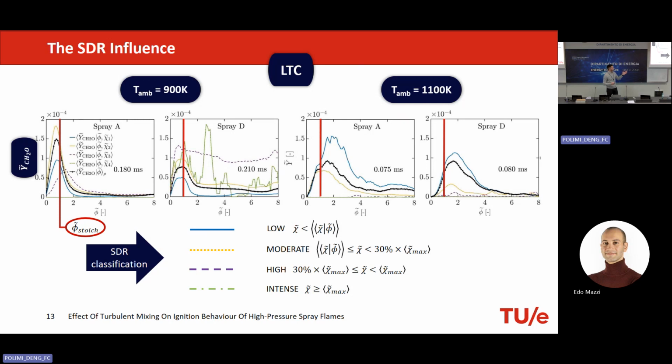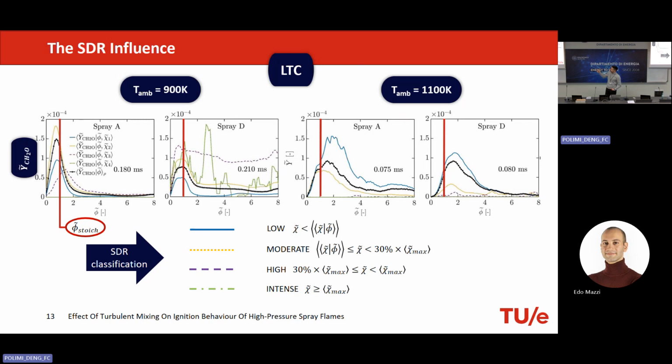The first one is the scalar dissipation rate conditionally averaged based on equivalence ratio, and the average over all the cases, and you can see the double brackets. For low and moderate, we took the average of the scalar dissipation rate, and for high and intense, we took the maximum scalar dissipation rate over all the cases, in percentages basically. So we have low, moderate, high, and intense scalar dissipation rate in those colors.